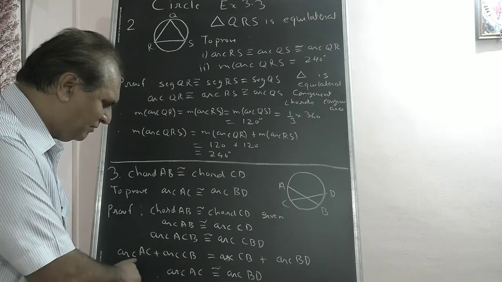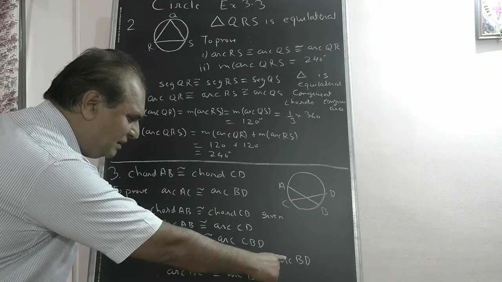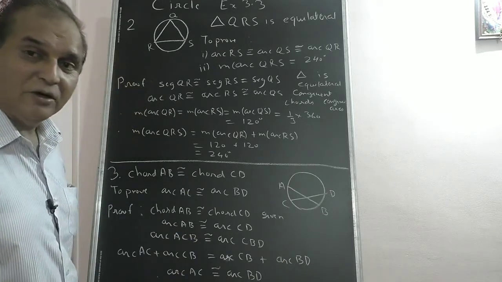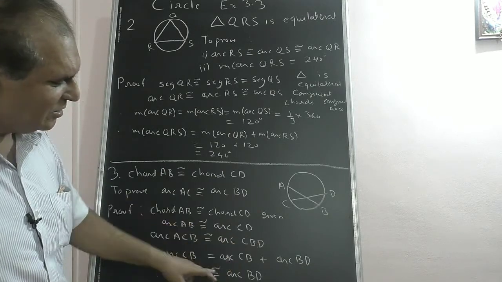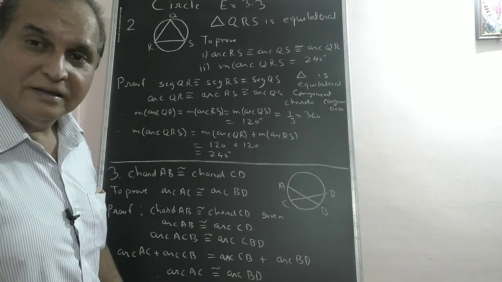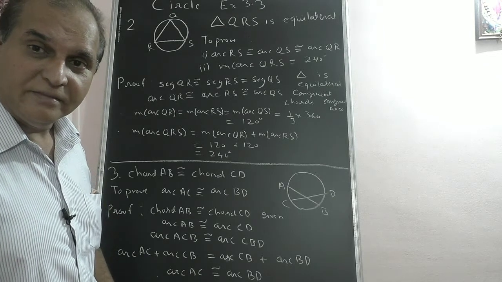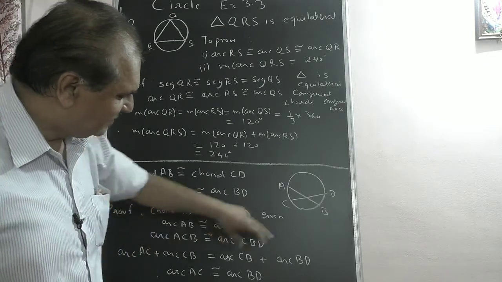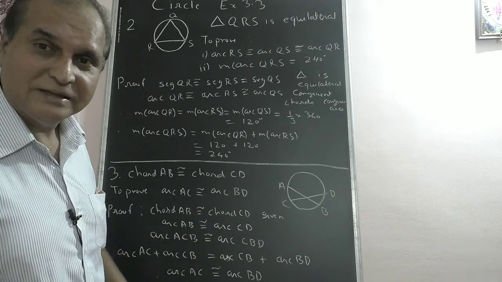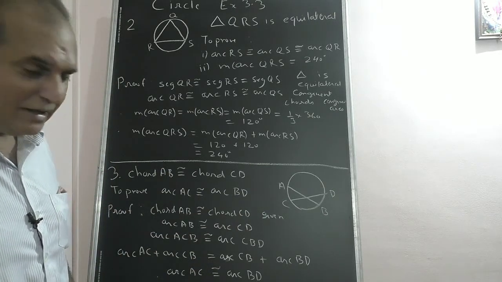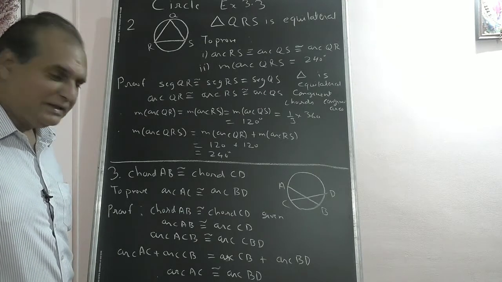So what remained is arc AC equal to arc BD, that is congruent. So simple. You write the reason also: cancelling arc CB. If arc CB we shift that side, by the algebra rule it becomes minus, plus minus cancel. Understanding? Easy?